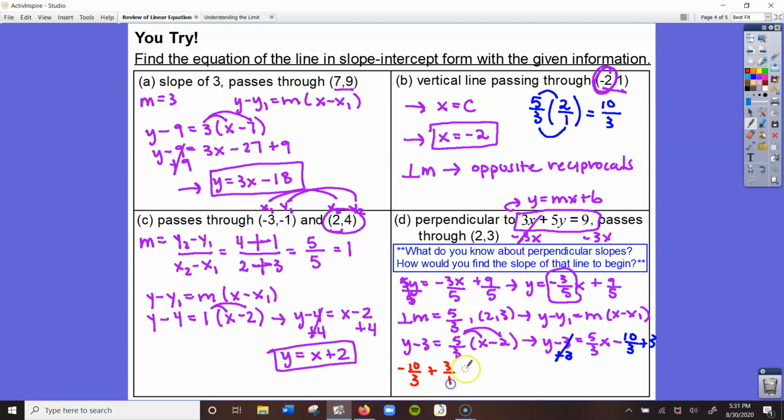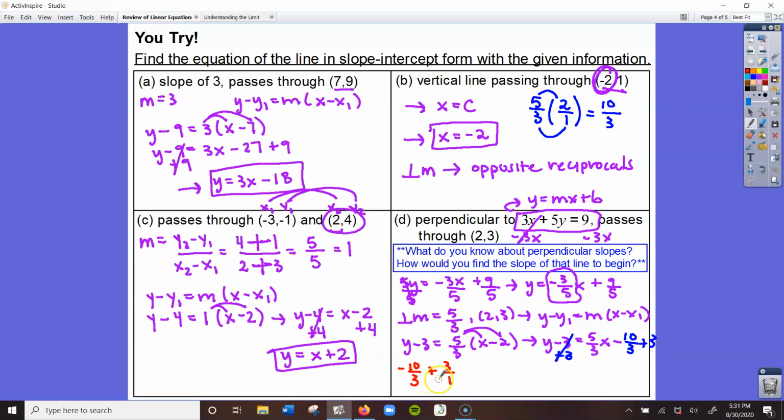Remember, it's over 1. When we're adding or subtracting fractions, we always need a common denominator. If you're not 100% sure what the common denominator is, you can always just look at the denominators you have and multiply them together, and that'll work. 3 times 1 is 3, so the common denominator for these two fractions is going to be 3.